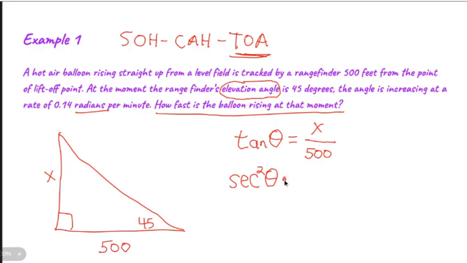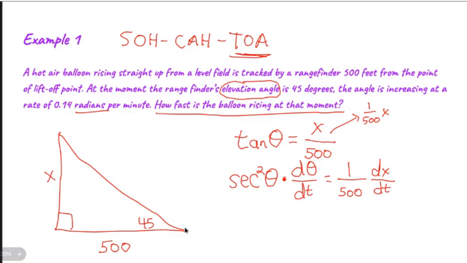So we multiply this by d theta dt. And remember, x over 500 is just 1 over 500 times x, which gives a derivative of 1 over 500. But again, we're not differentiating with respect to x, so we have to write dx dt, the t standing for time.